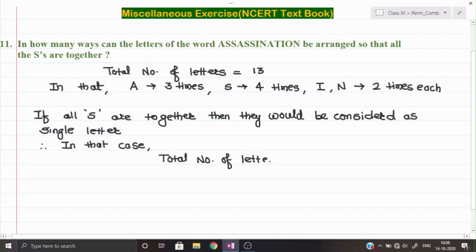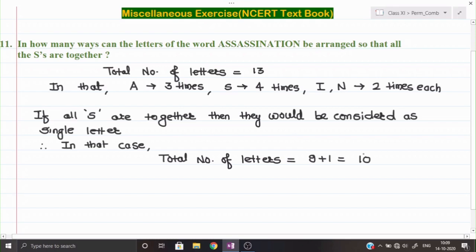See, out of 13 letters, 4 we are going to consider as 1 letter. So from 13 you subtract first of all the 4 letters, so the total number of letters becomes 9, but those 4 letters we are going to consider as one single letter. So we can say that the total number of letters will be 9 plus 1 is equal to 10.